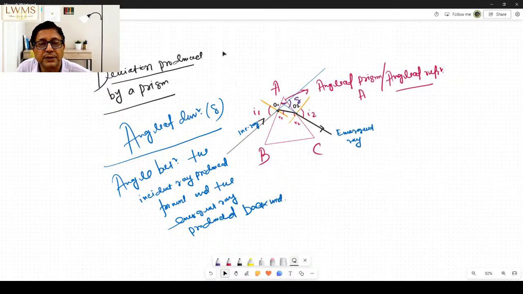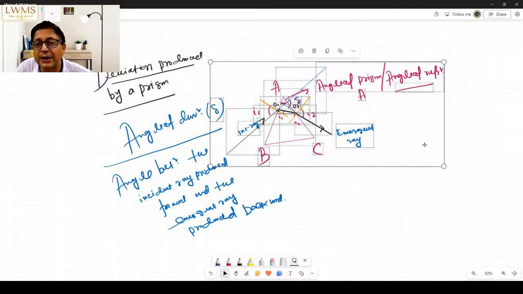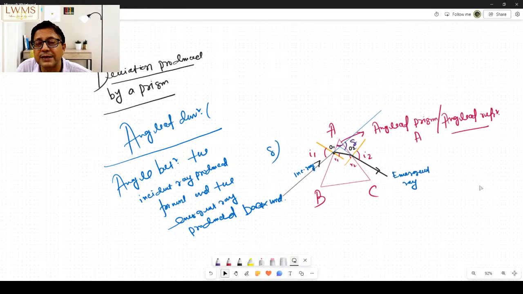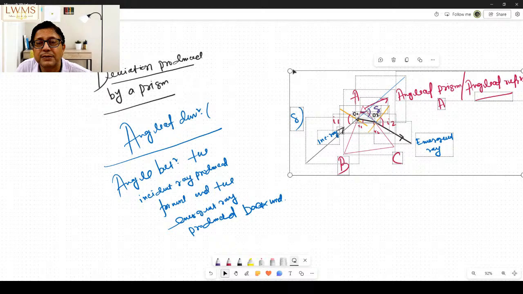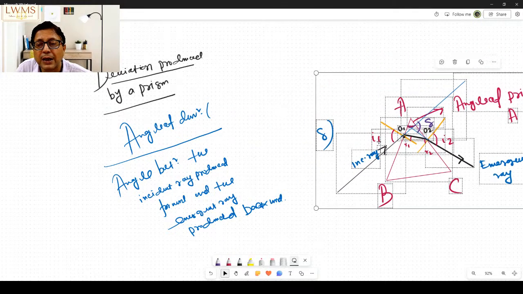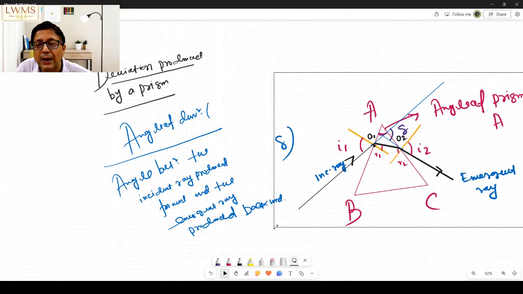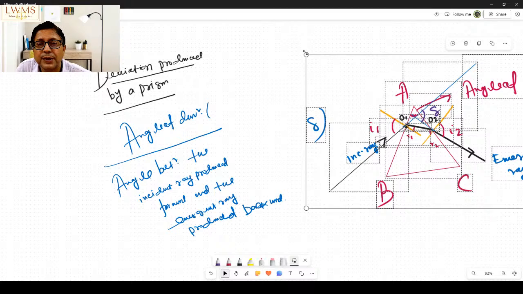Just a minute. I hope I will be able to take the whole diagram together. Yes. Making it a bit larger for you. I think it is visible for you.